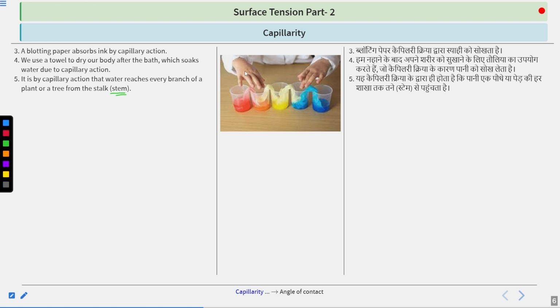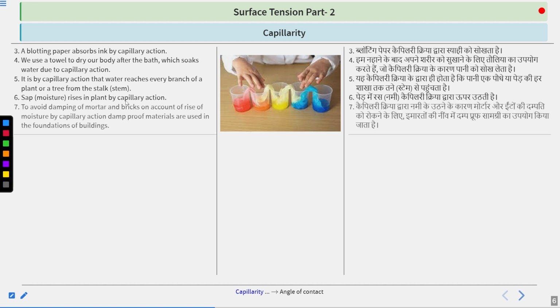This actually happens because of the capillary action. Now you could see the roots act as a capillary tube and they provide the rising up of water. So water starts rising up from the stalk or stem, and because of this rising, it is able to reach the different parts of the plant. So moisture rises in plants by capillary action.